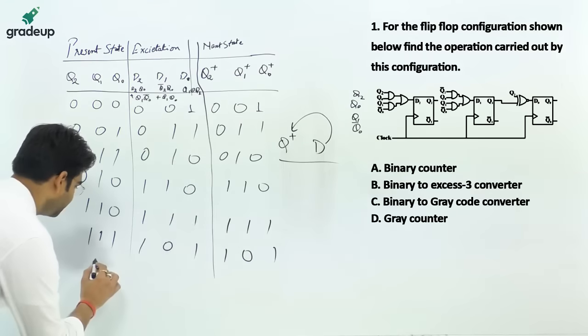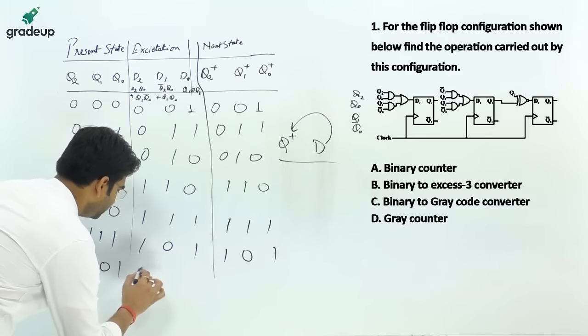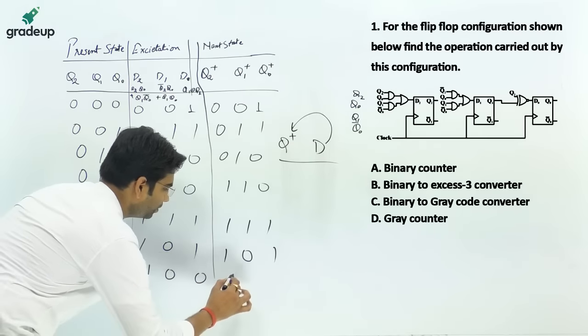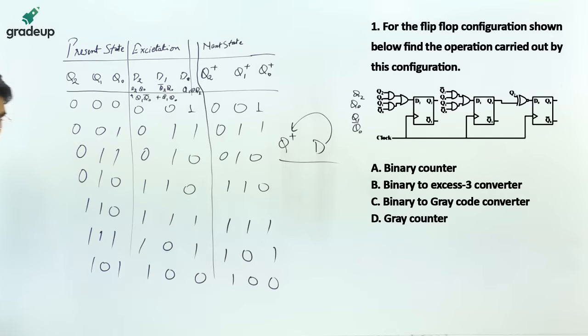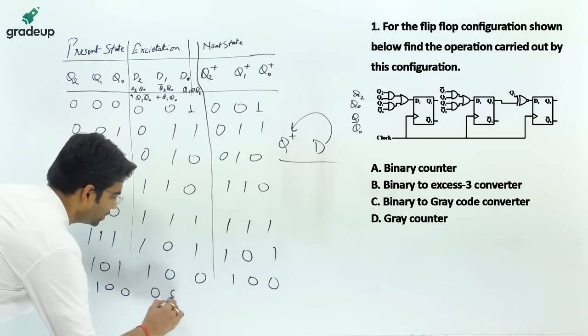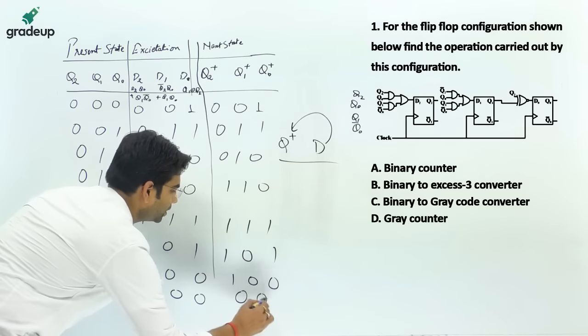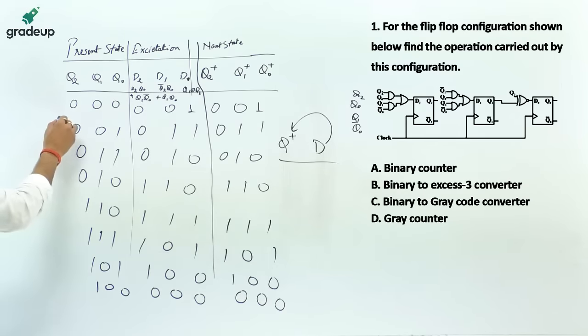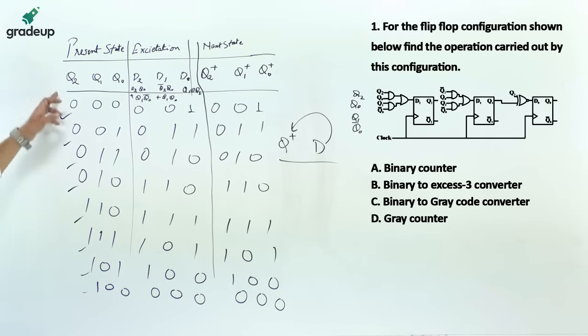The next state is 1, 0, 0. Then the next state is 0, 0, 0. So we are getting these states.